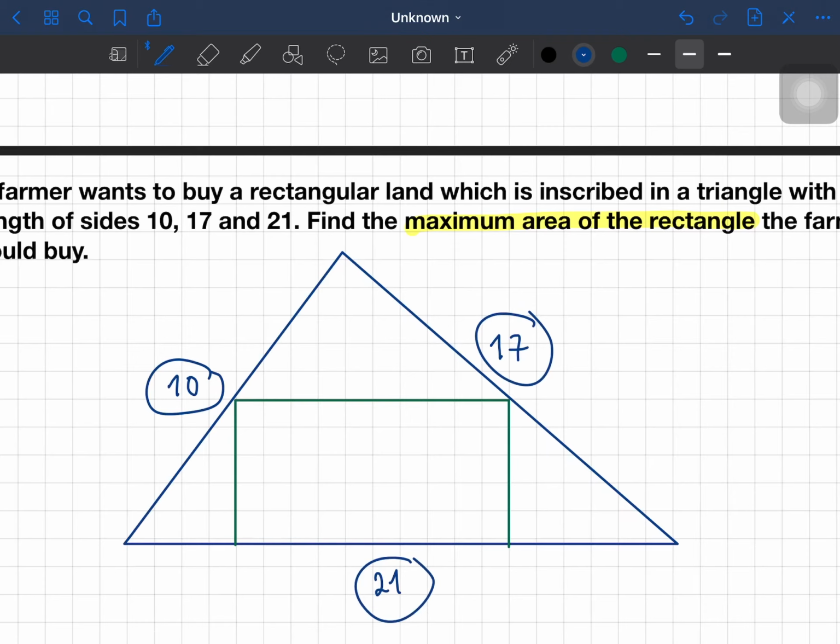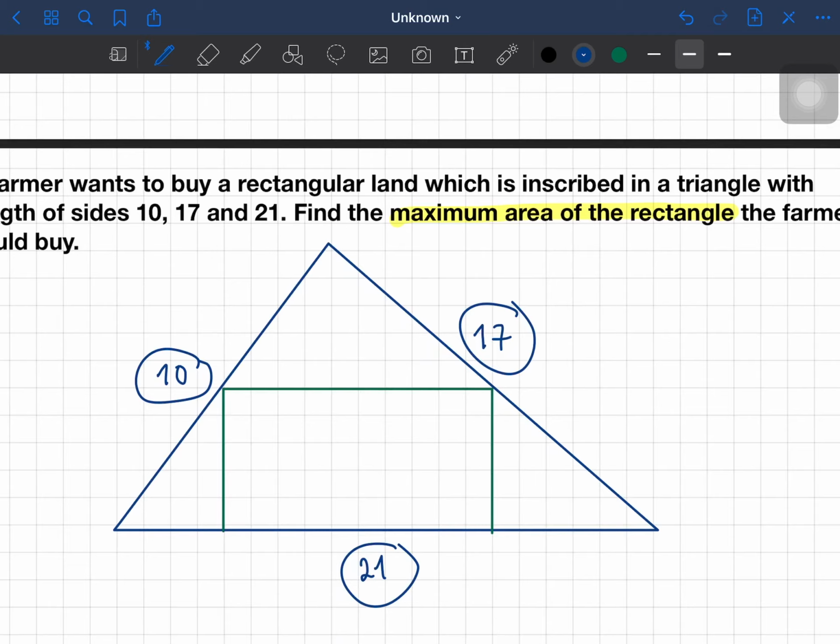Obviously it's 21, because when you expand from this side, this 21, you will get the largest expansion of the length of the rectangle.